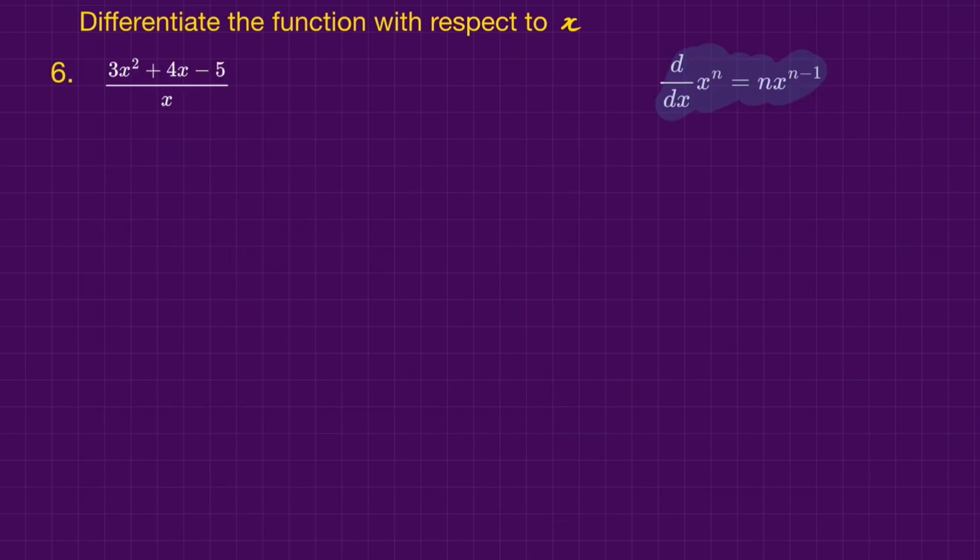Next we have 3x squared plus 4x minus 5 over x. This is a very simple question. So let us differentiate d/dx of 3x squared plus 4x minus 5 over x. This will be equal to d/dx of, I can distribute this denominator to all the three terms in the numerator.